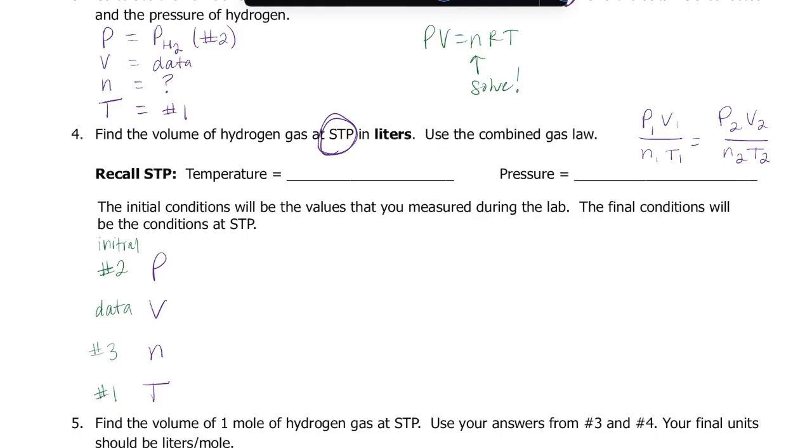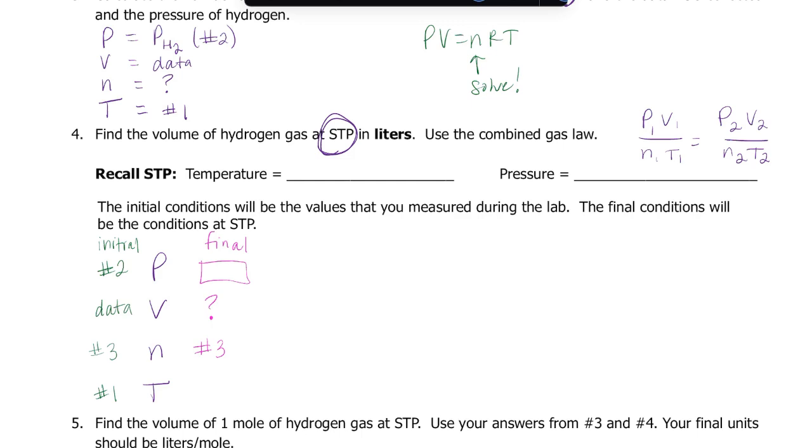And what we're going to do is set those equal to some final conditions. And our final conditions are going to be at STP. So think about what the pressure is at STP. You should know that. The volume is what you're going to be trying to calculate. Our n, we actually are not going to change our number of moles in this, so it's number 3, same as our initial.